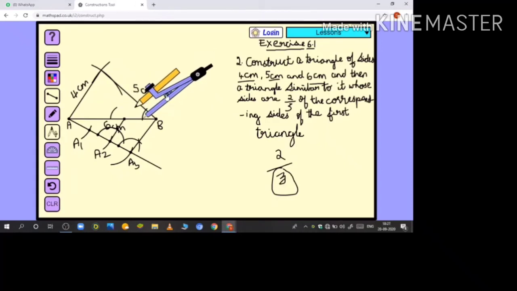Now measure the arc length where the arc was cut at B, and fix the compass without changing the compass length.